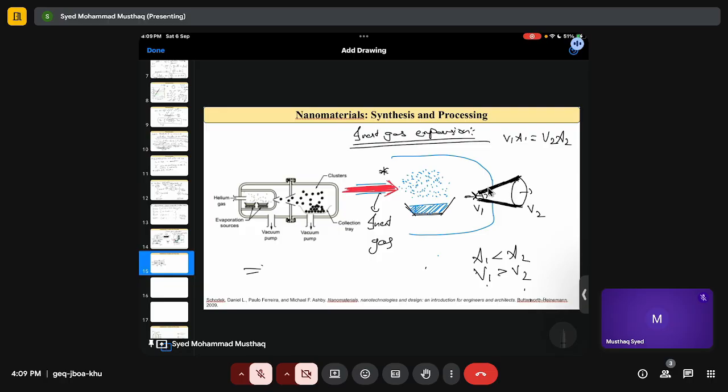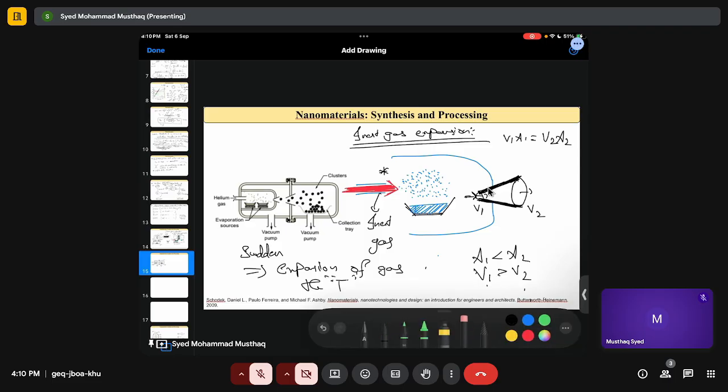Whenever you have a sudden expansion of gas, the temperature drops.